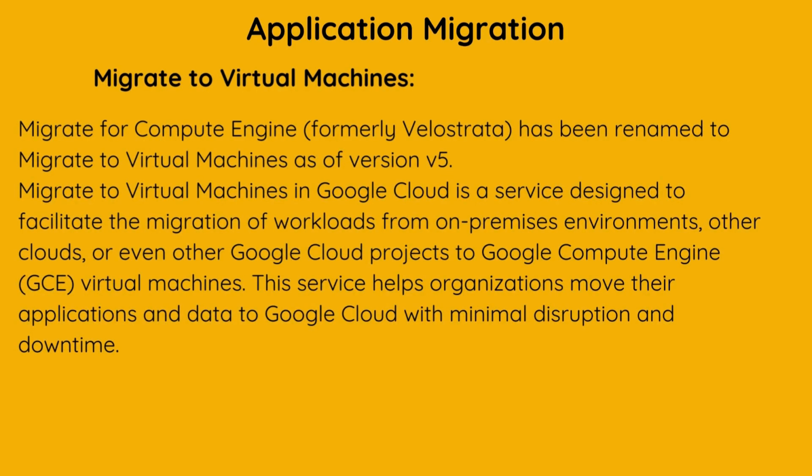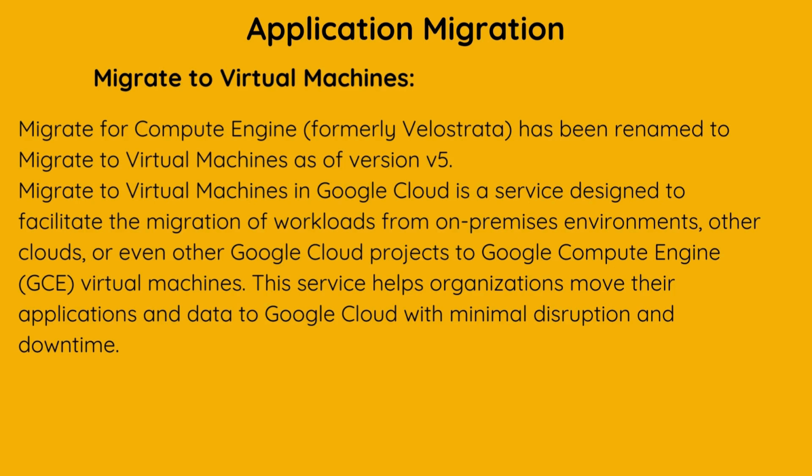When it comes to migrating applications, tools like Migrate for Compute Engine make it easy to move your VMs to Google Cloud. For containerized applications, Google Kubernetes Engine is a great choice. Migrate for Compute Engine, formerly Velostrata, has been renamed Migrate to Virtual Machines as of version v5.